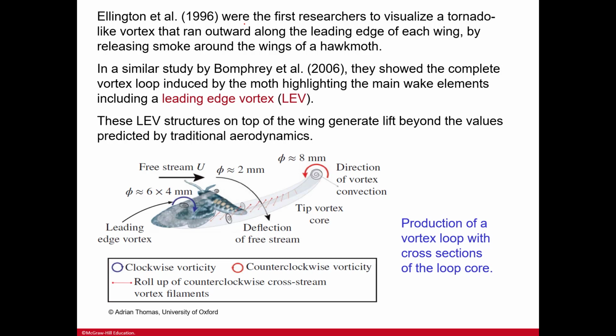These LEV, leading edge vortex structures on top of the wing, generate lift beyond the values predicted by traditional aerodynamics. And this is amazing to see, right? But this is relatively new, 1996, 2006, considering that lift and drag are natural phenomena. They've been in existence as long as there was a solid body that could cut through some kind of fluid.